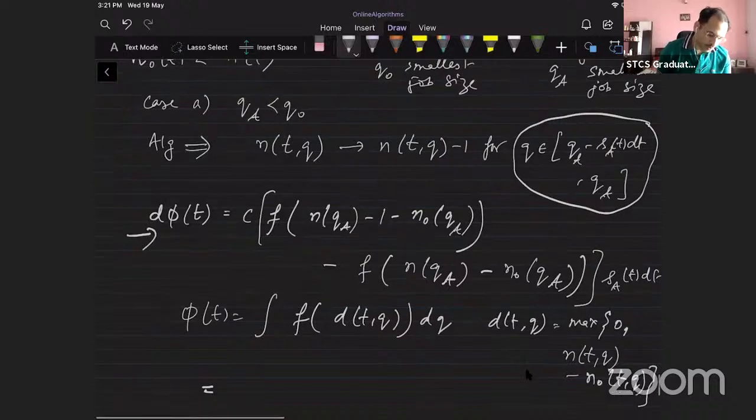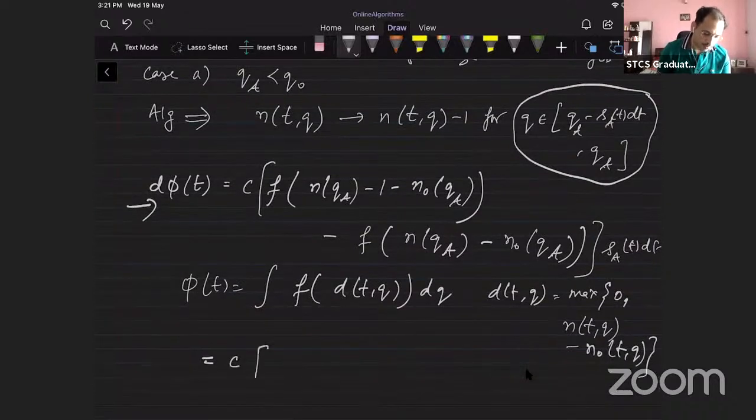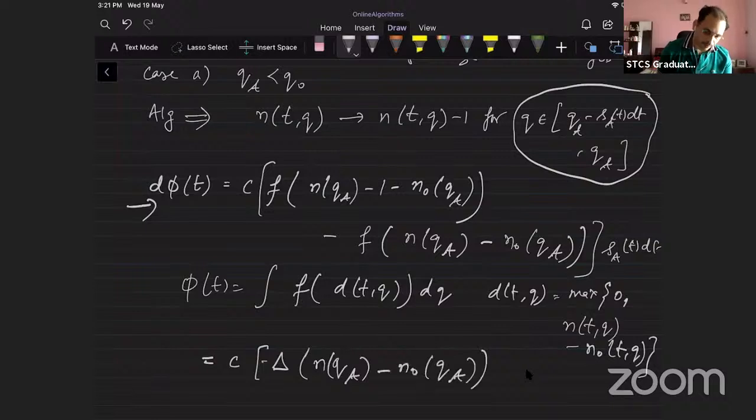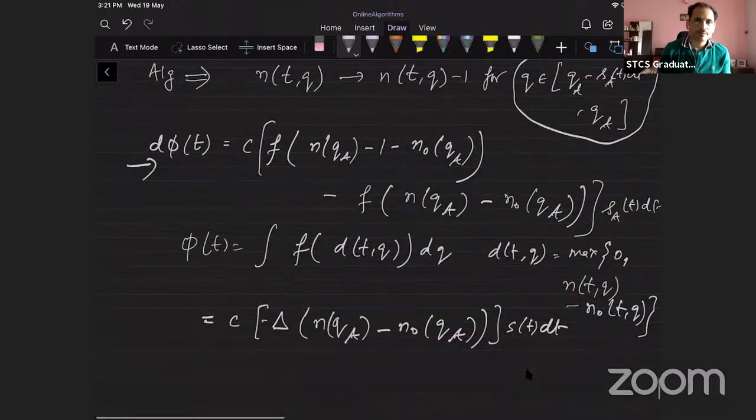So using the definition of delta, I can write this as C times minus delta times n of QA minus n0 of QA, times SA(t) dt. Now I'm going to write something.